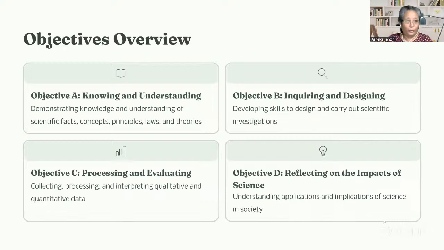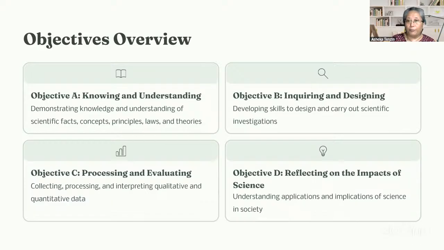So going to the objectives, the learning objectives are the same as the assessment objectives. The assessment objectives are also named according to the learning objectives. The first objective is knowing and understanding, where the students need to demonstrate knowledge and understanding of scientific facts, principles, concepts, laws, and theories.